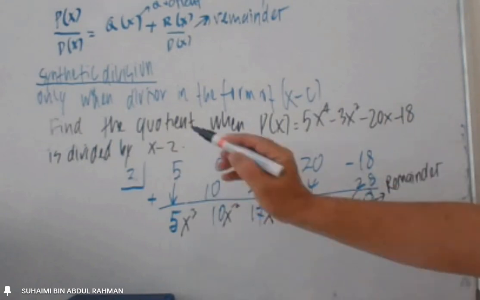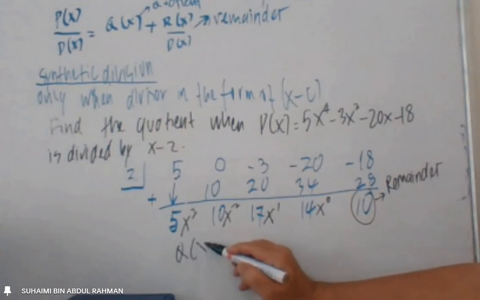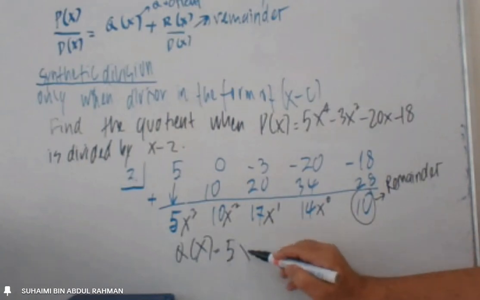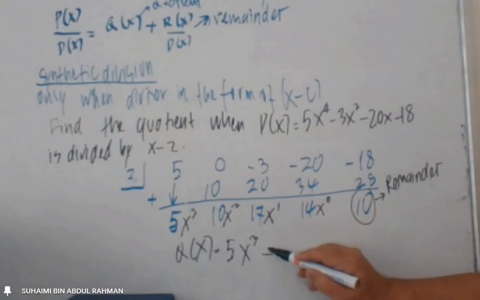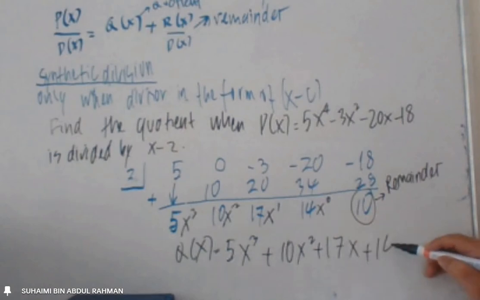Meaning that the quotient, represented by q(x), q(x) is 5x to the power of 3 plus 10x squared plus 17x plus 14. That's the quotient.